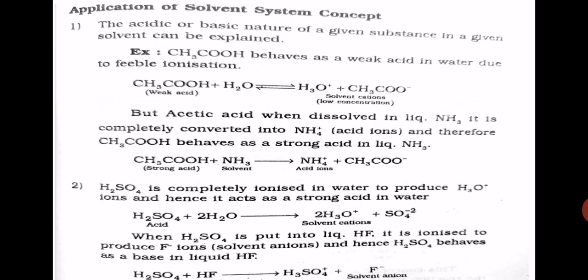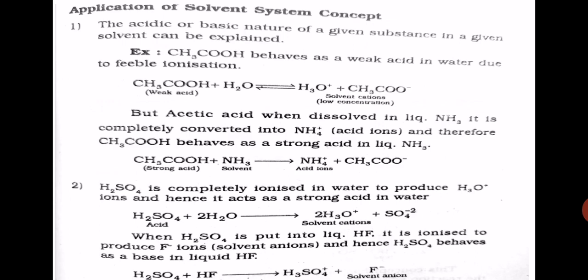Take CH3COOH, that is acetic acid, a weak acid, plus H2O, which gives in a reversible reaction H3O+, that is the protonium ion, plus CH3COO-, solvent cations in low concentration.